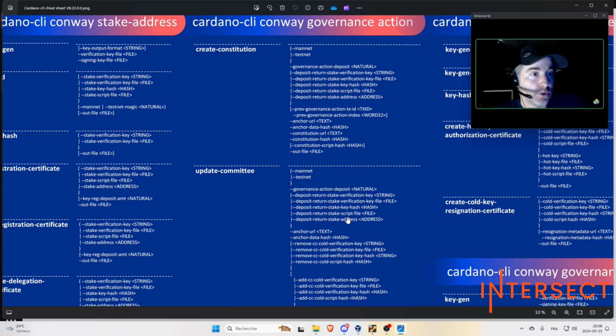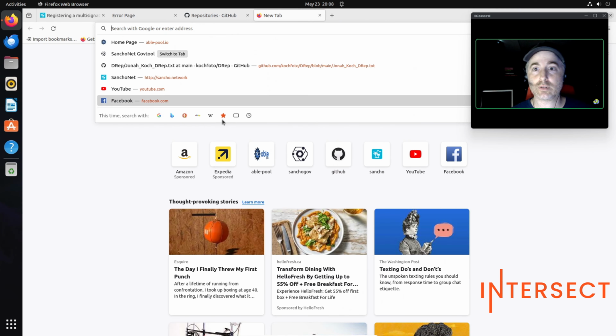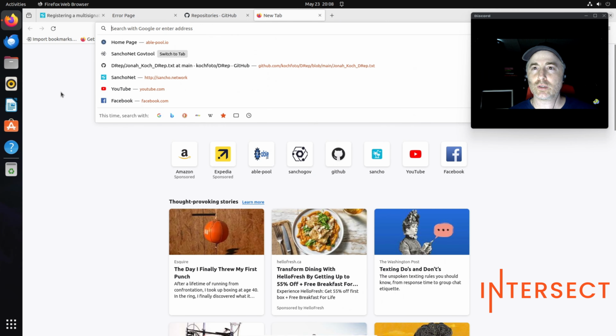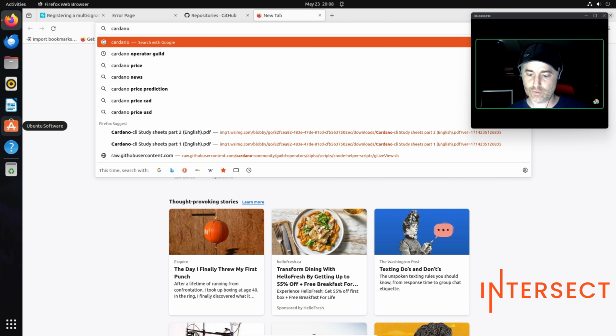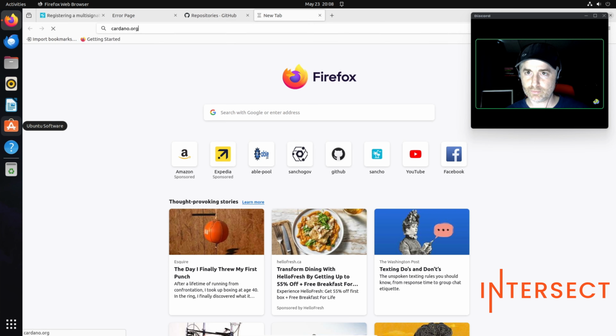So we do know that for each action there is a threshold, right? Like for example, well, actually I could just pull them. Give me a second. Maybe I'll just get it from the Cardano website.